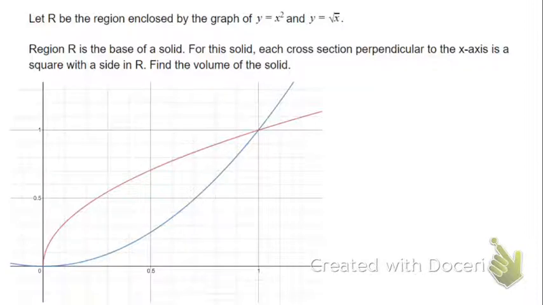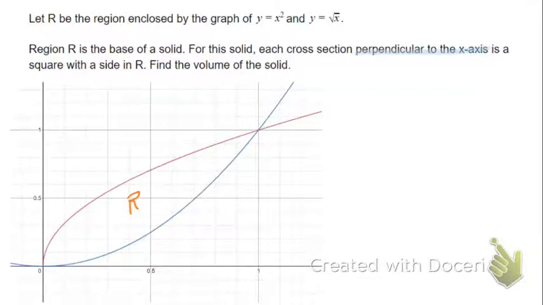And so we've got this region, and it says that this region R, which is really right in here, is the base of a solid. And it says for this solid, each cross-section perpendicular to the x-axis. So what does that mean? So cross-section, slice, right?